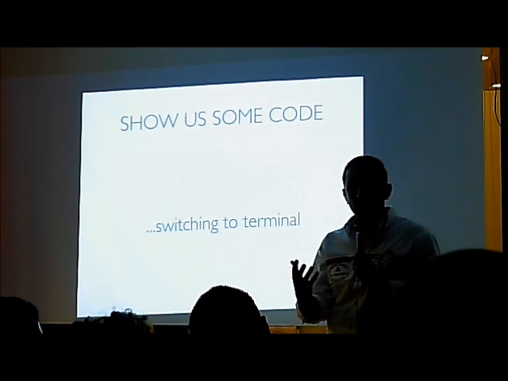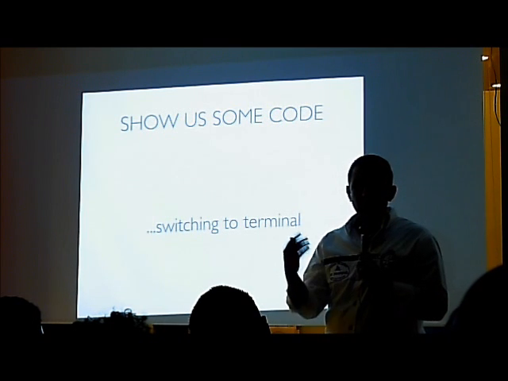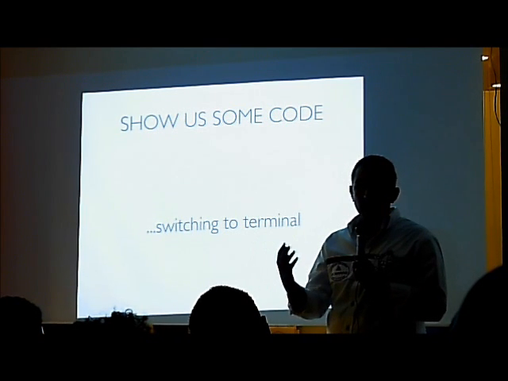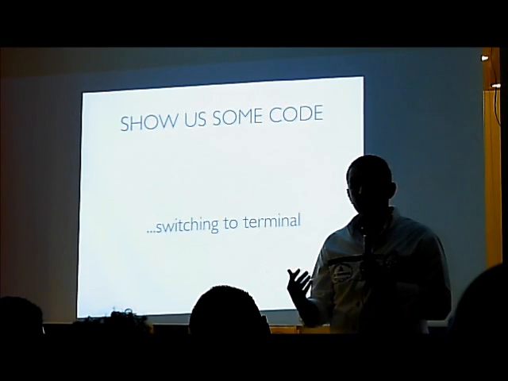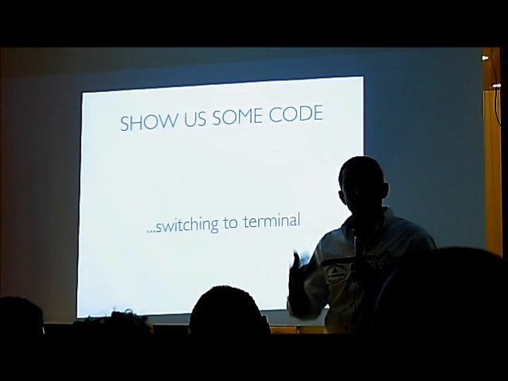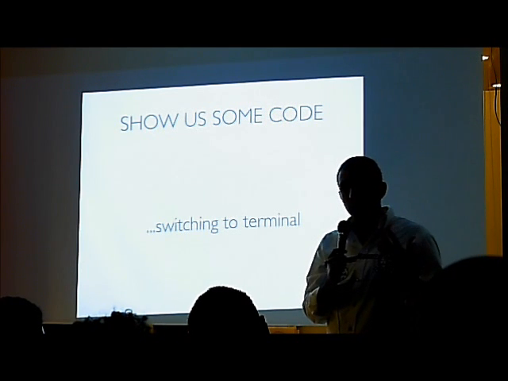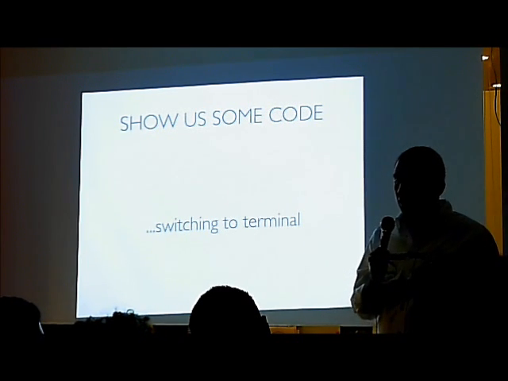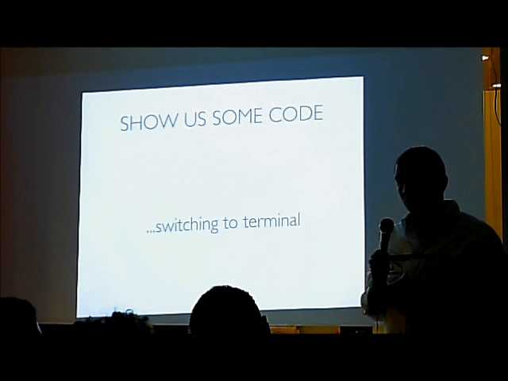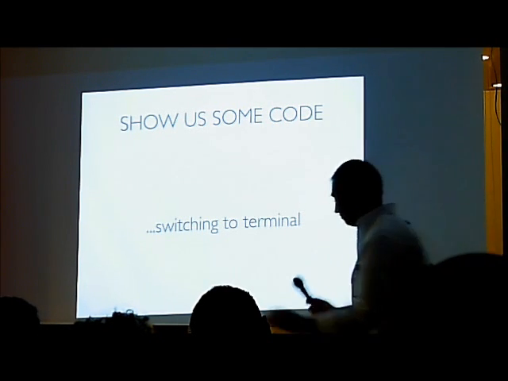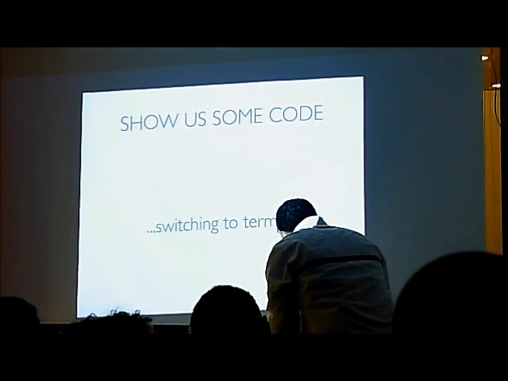I'm going to specify two models, a product model and a user model, and I'm going to generate a scaffold, so it's going to generate all the code for me. Then we're going to run the migrations and run the code, so we're going to see it running in the browser.